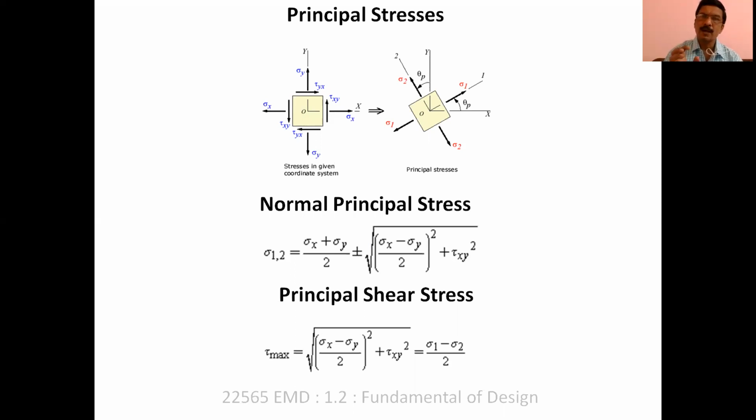Principal stresses are the combined stresses which combine all the stresses that we have already seen in our last slide. So we'll go in detail about principal stresses wherever there is a combined type of loading. Okay, so this is about the principal stresses.